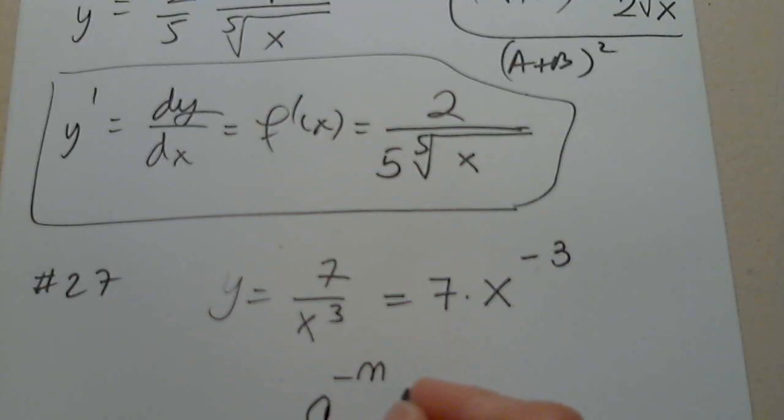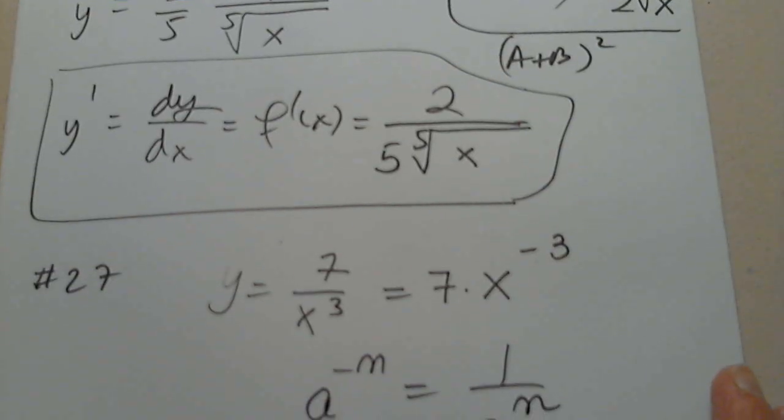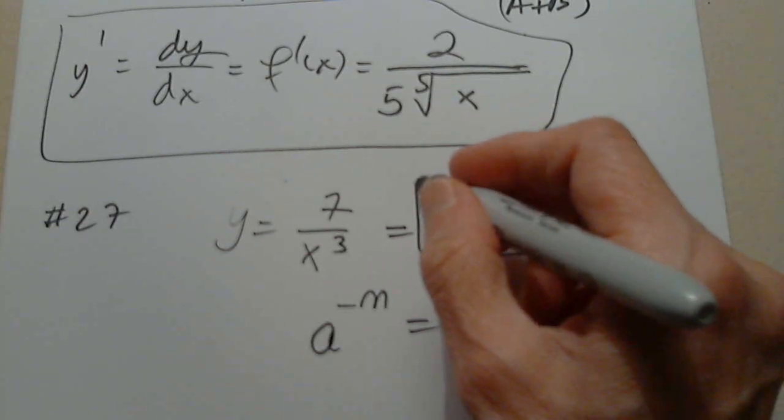A to negative n is 1 over a to the nth power. That's why I'm begging my students to redo the problems we do in class and watch the videos. It's the only way to get these embedded in your system. Okay, now this is prepared for differentiation.